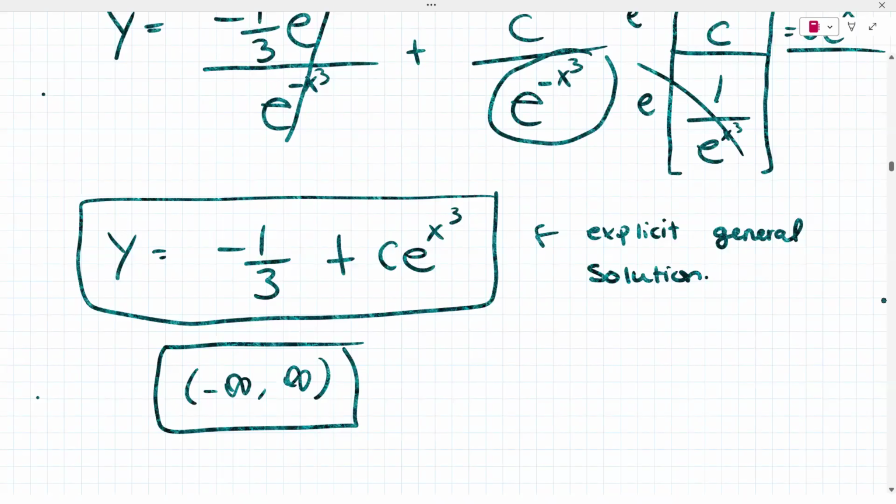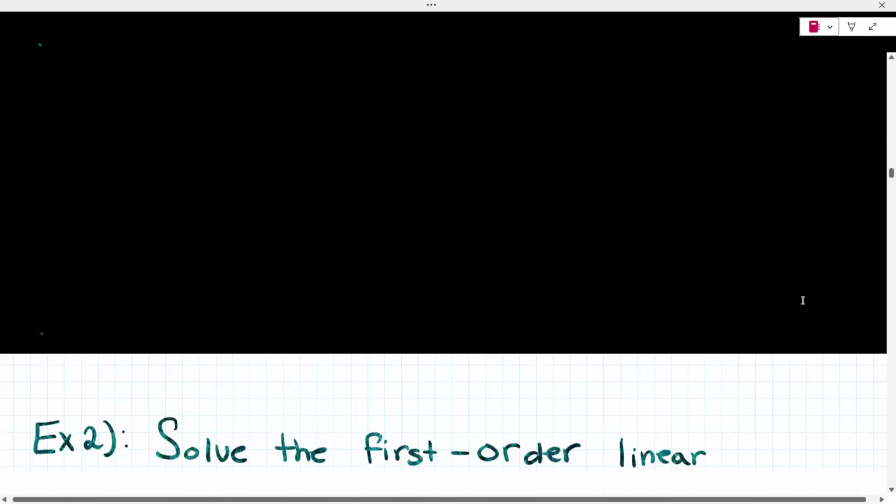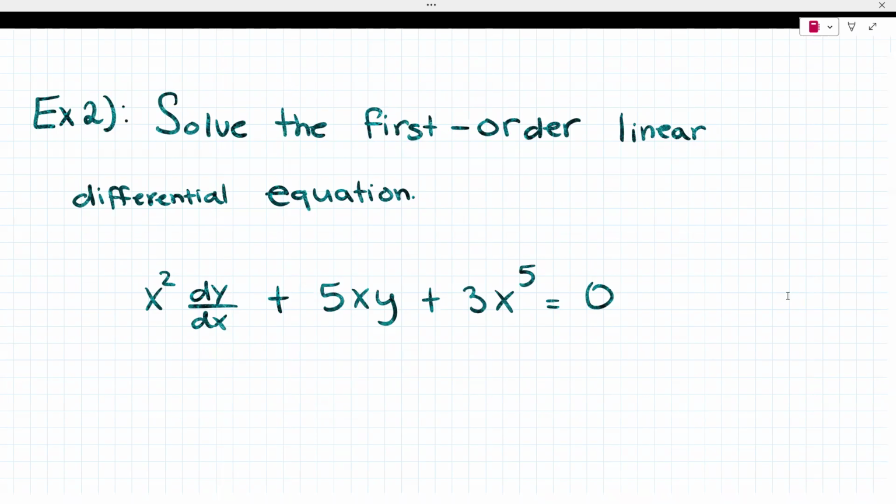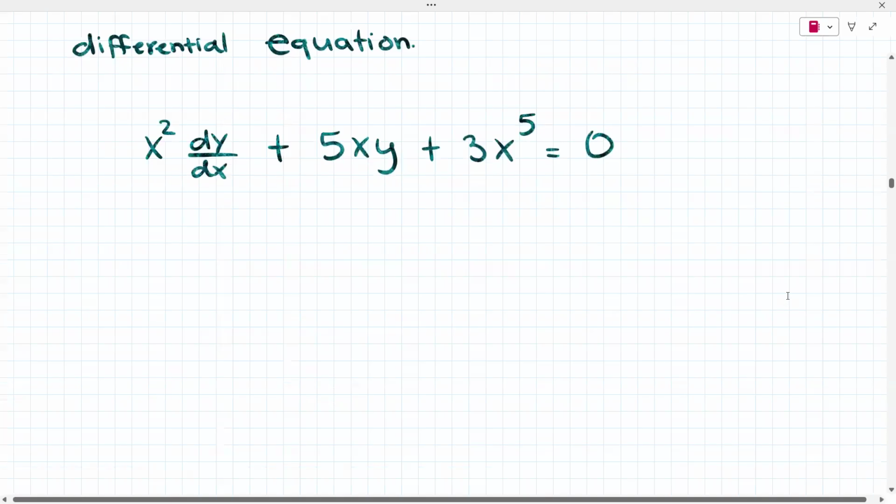Okay, so that was example 1. Let's move on to example 2. Example 2 says solve the first order linear differential equation x squared dy/dx plus 5xy plus 3x squared 5 equals 0. So the first step is to put it in its correct form.